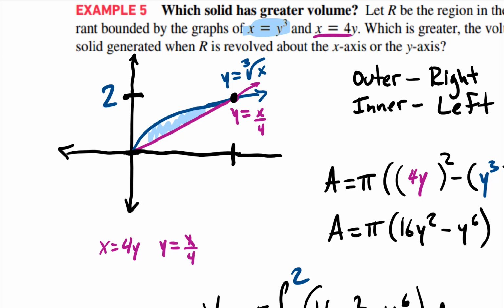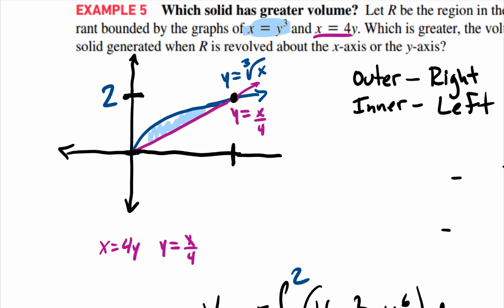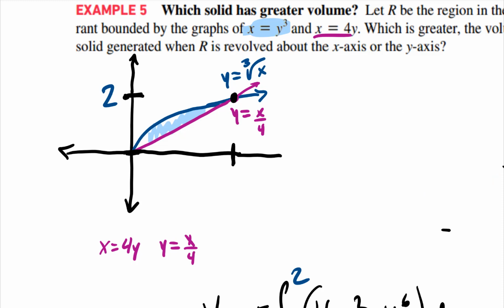Neat. Well, what's this value right here? What's our b value? Do you really want to set this thing equal like this? Do you really want to cube up your 4? I don't know about that. Wait a second.